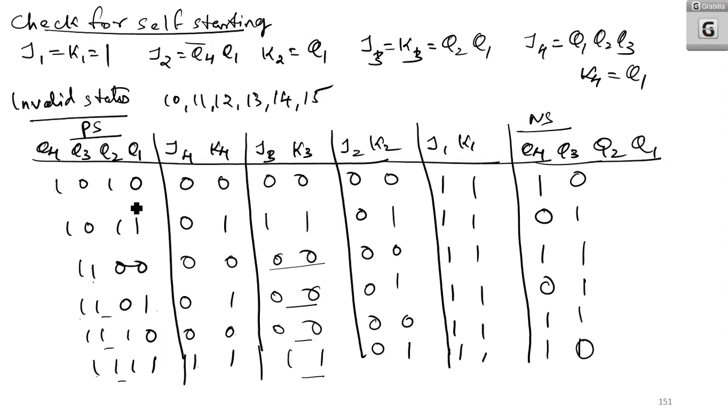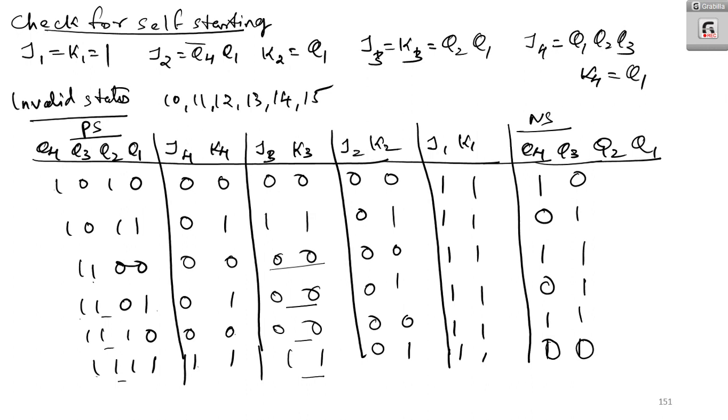Similarly, what is Q3? Here 1, 1 is there, so 0 will be toggled to 1. In the case of Q4 equal to 1 and J4, K4 equal to 1, this Q4 will be toggled to 0. There's a mistake out there. Yeah, Q4 will be toggled to 0. Okay, so it is 0, 1, 1, 0.